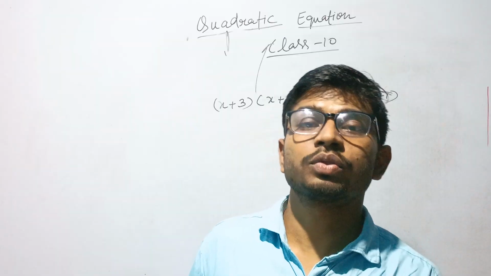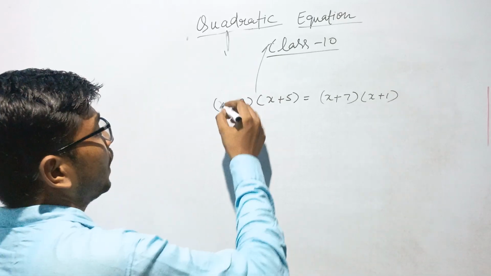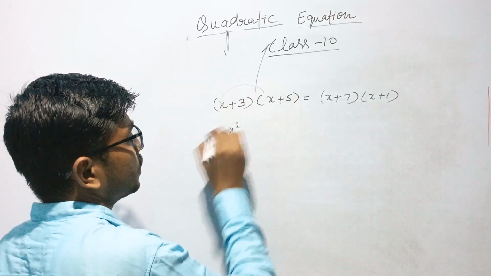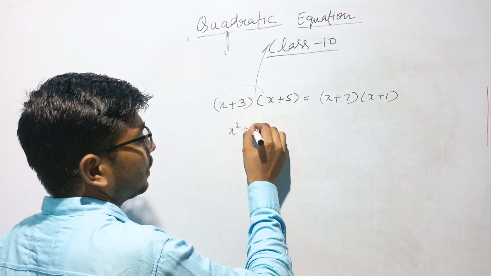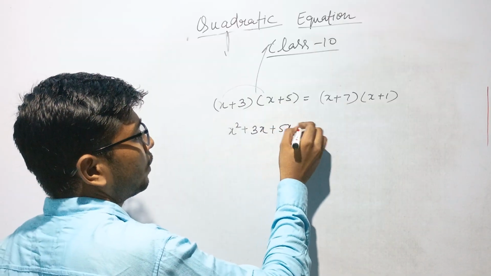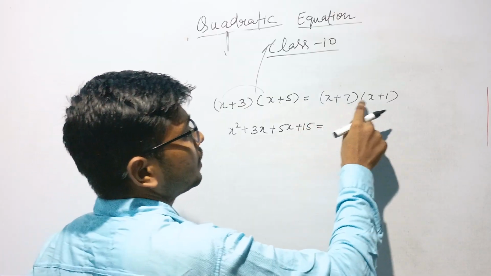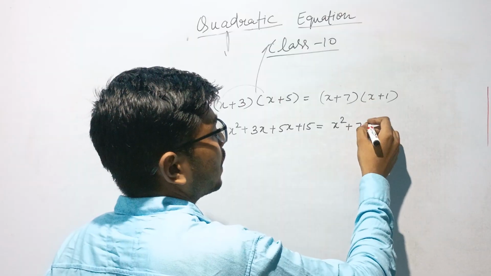So first we have to solve, then we can answer the question. Okay, let's solve. x into x, it will be x square. 3 into x, 3x. x into 5, 5x, plus 3 into 5, 15, equal to x into x square, plus 7 into x, 7x.